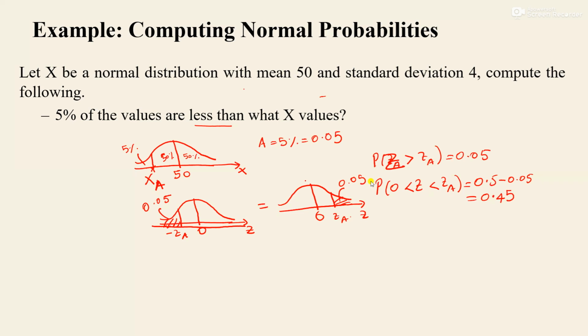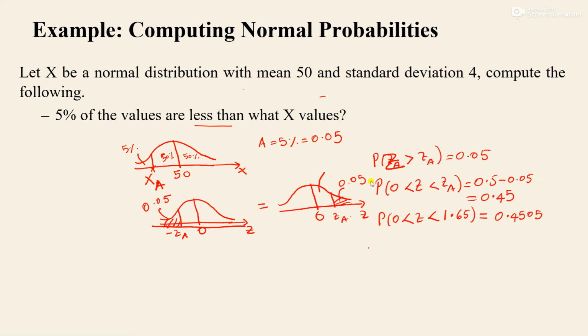Here I am taking the value 0.4505, right? So the probability of 0 less than Z less than 1.65 is equal to 0.4505 according to the table.